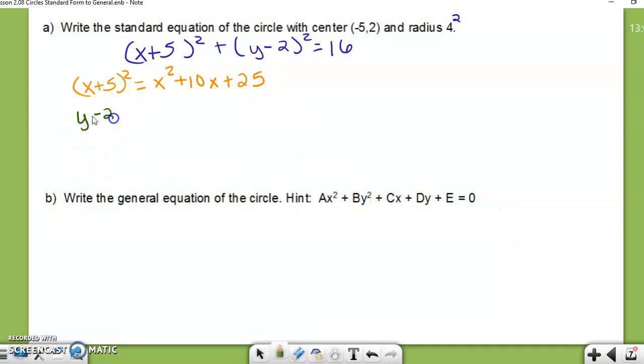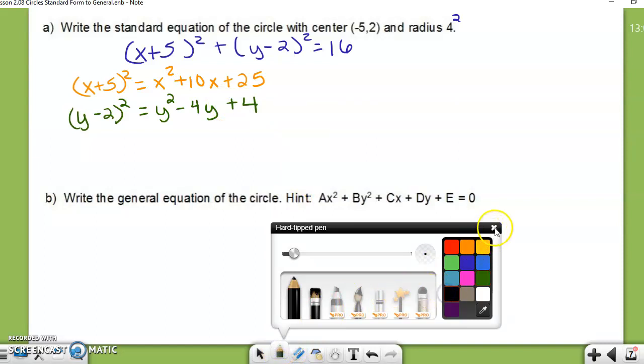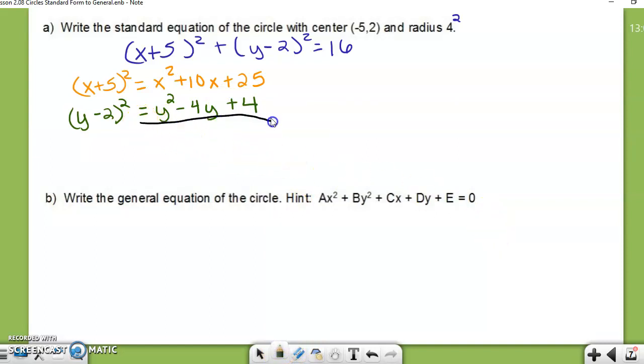I'm going to expand it using my algebra. y squared. If I double a -2, that's a -4 with my y's. But when I square -2, I get a +4. So these are the things that I'm going to combine, and they're still going to be equal to 16.